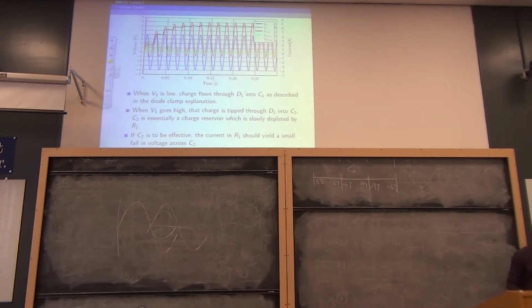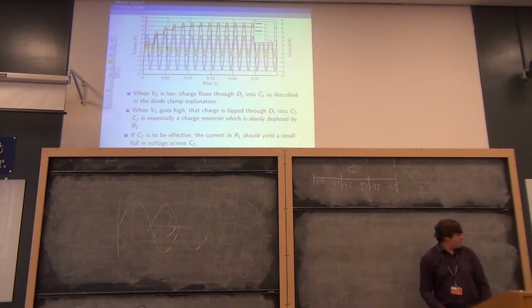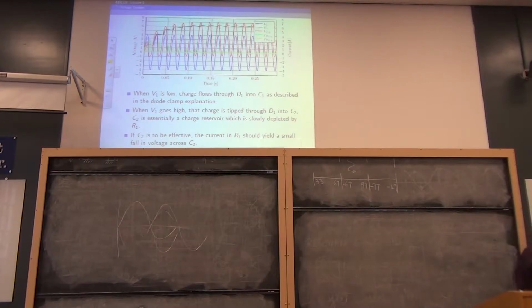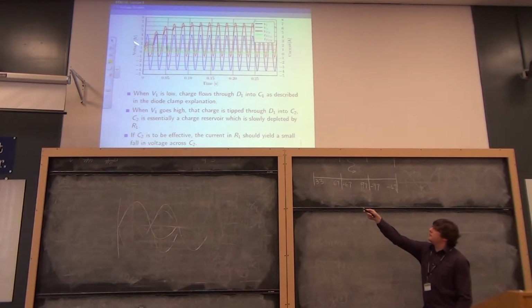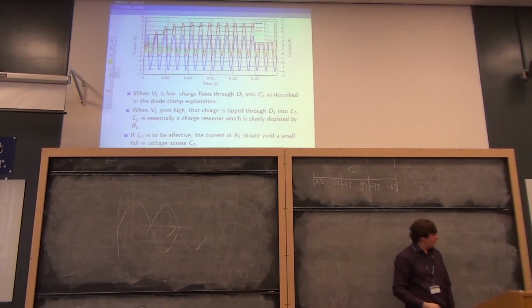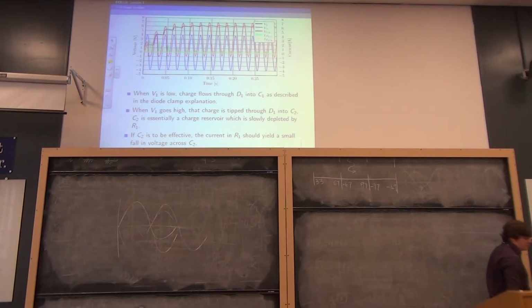So, V1 is the input voltage, and when V1 is small, charge flow is low. When V1 is low but positive, so in the very beginning, charge flows through D1 into C1 as described in the clamp.